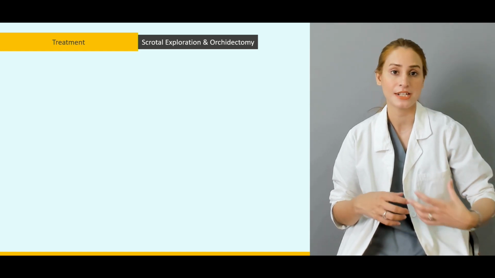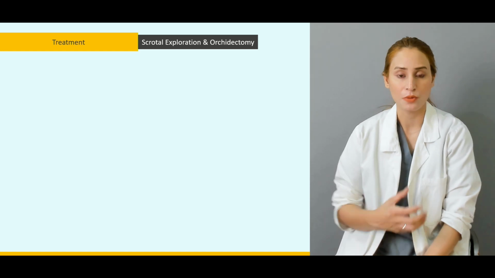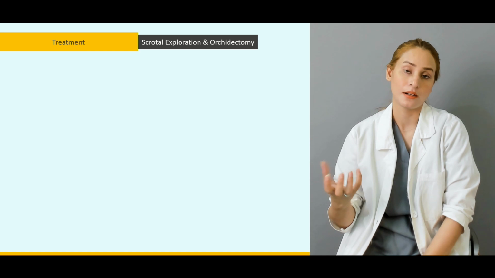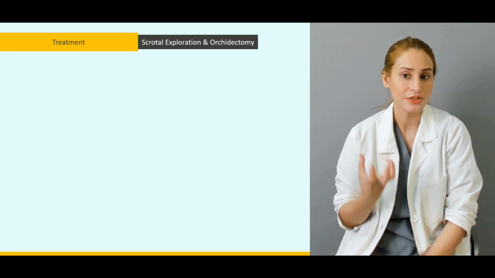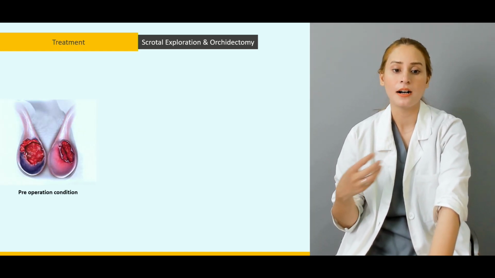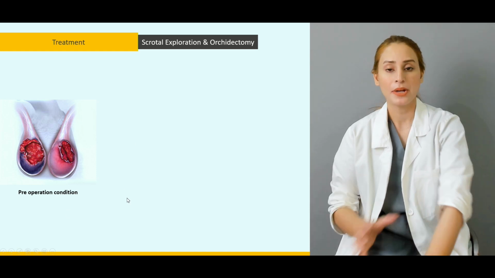So the upper limit for the dissection would be the internal inguinal ring, or the deep inguinal ring. And obviously, if you're sure about the testicular tumor and the invasion, then you go for the orchidectomy, right?